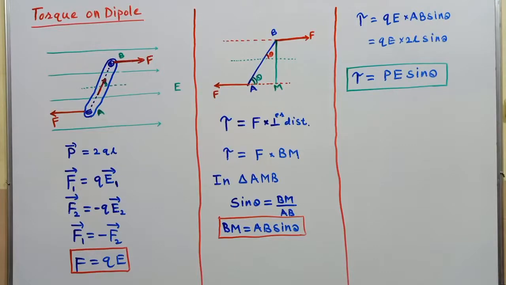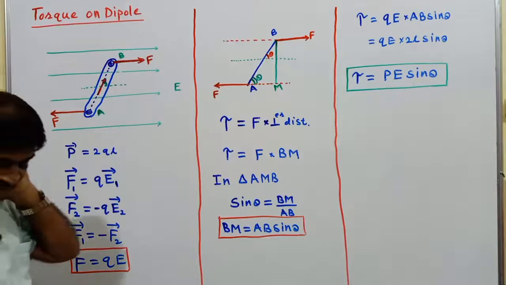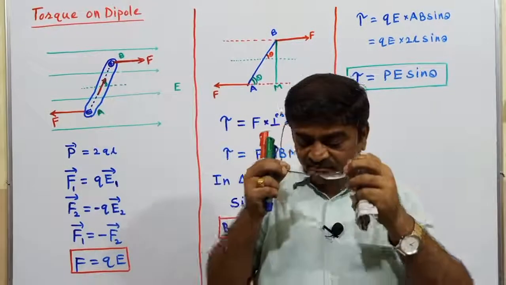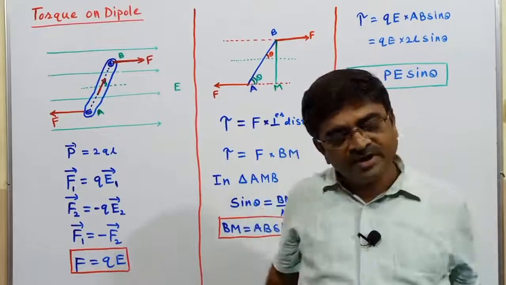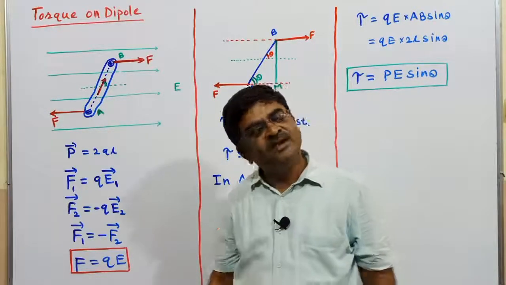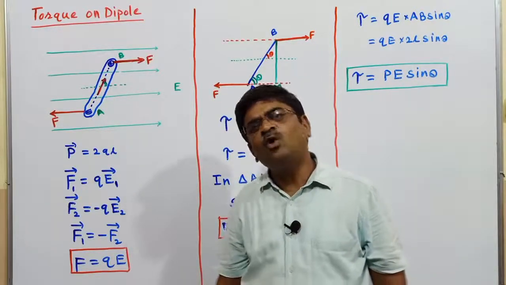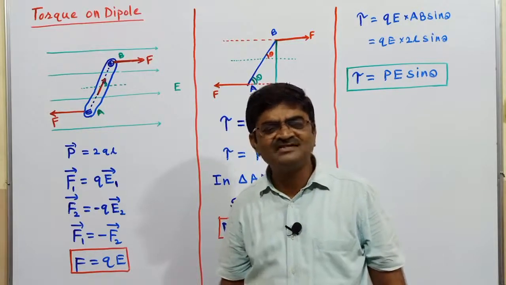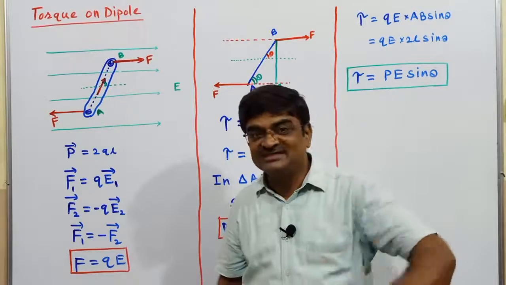Students, in rotational dynamics, whatever vector quantities you come across, be it angular velocity, torque, or angular momentum, all of these are axial vectors. What do I mean by axial vector? They act along the axis of rotation.